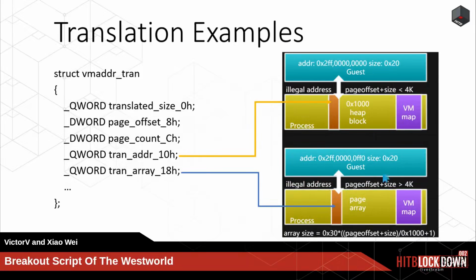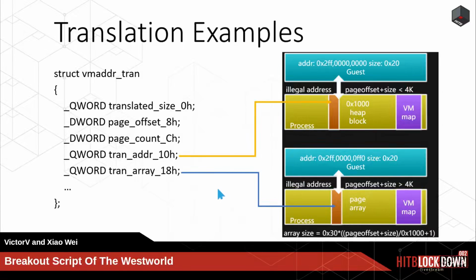Look at the lower part of the picture. If the sum of page offset and size is bigger than 4K, it will allocate a page array stored at here. So now we know how WAMX translates address from guest.